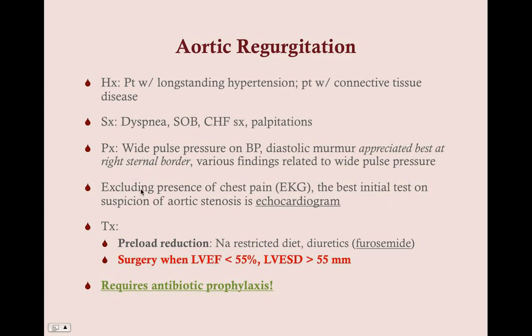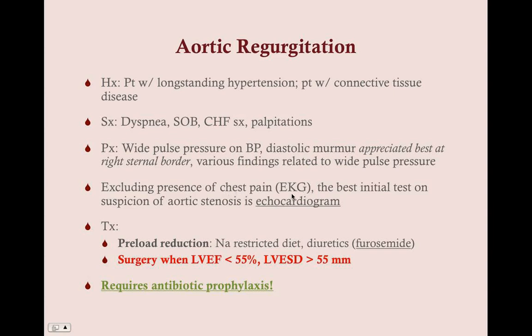So in any patient, regardless of what they come in with, if they have chest pain and it's anginal, regardless of what you think they have, they need an EKG because MI is the number one thing that can kill them immediately. So even if it's a patient that comes in with a wide pulse pressure and a diastolic murmur and they've got angina, you've got to think of something like an MI.